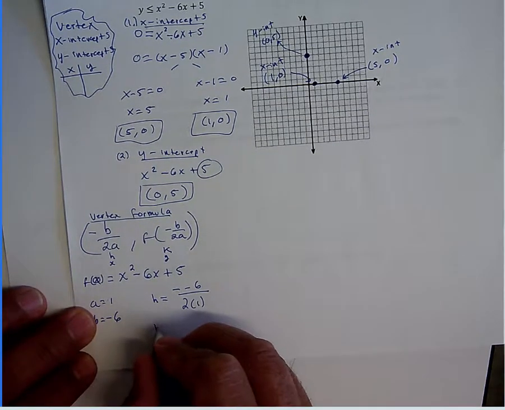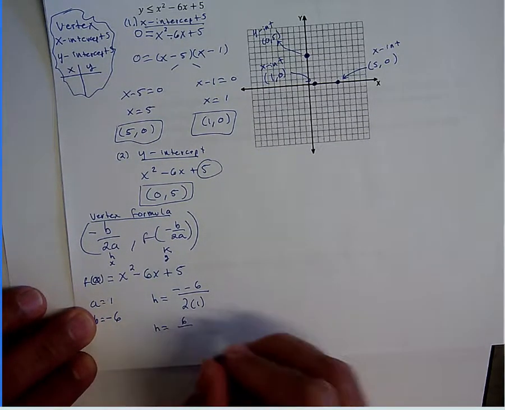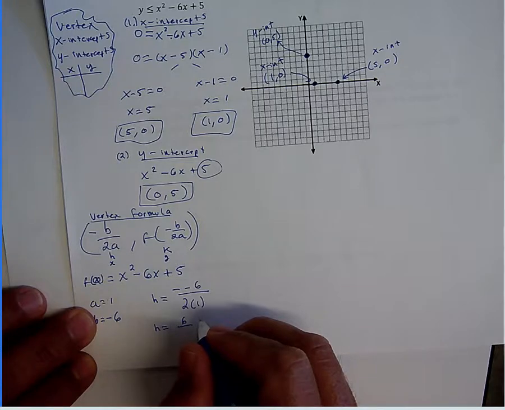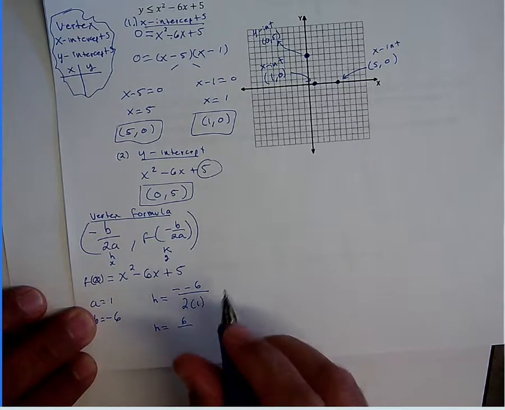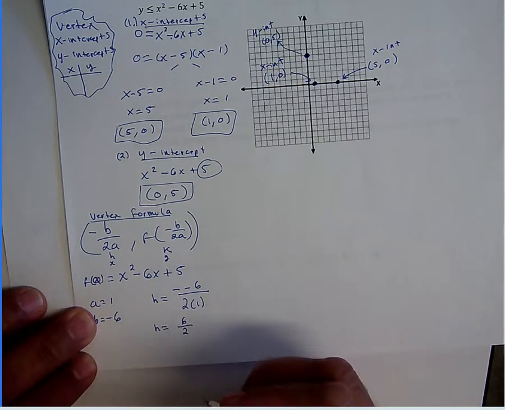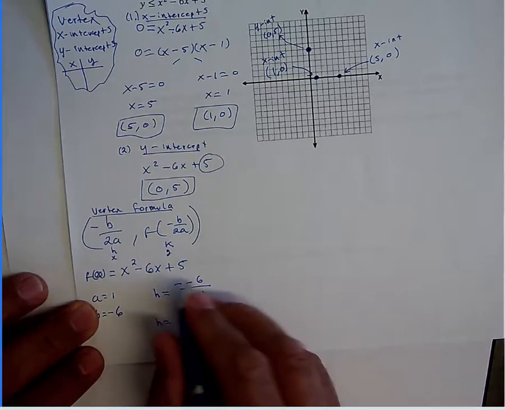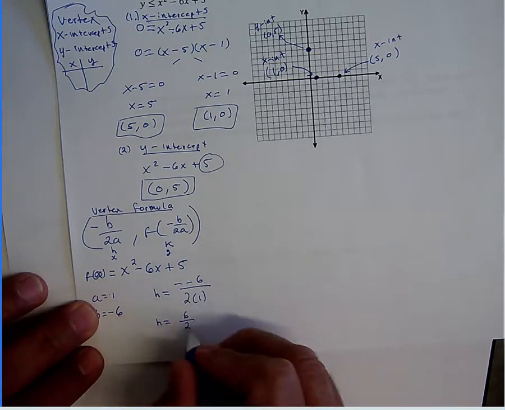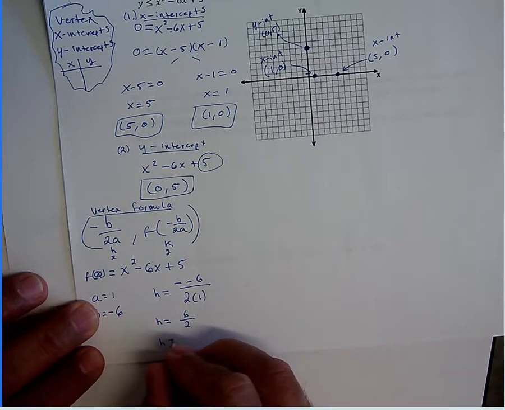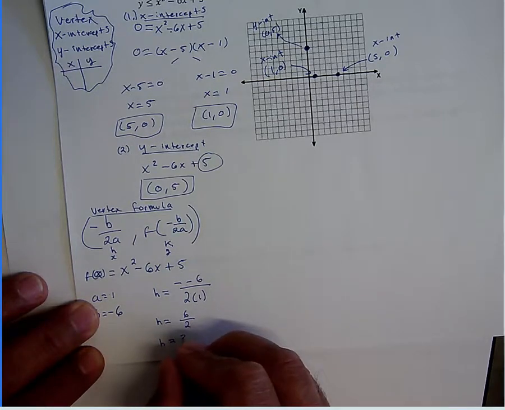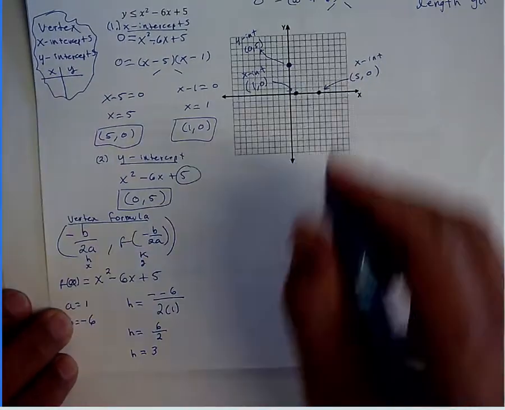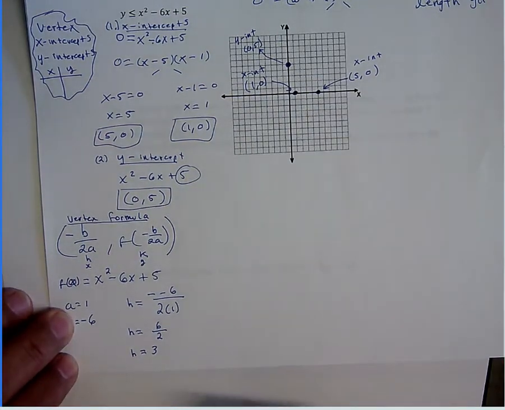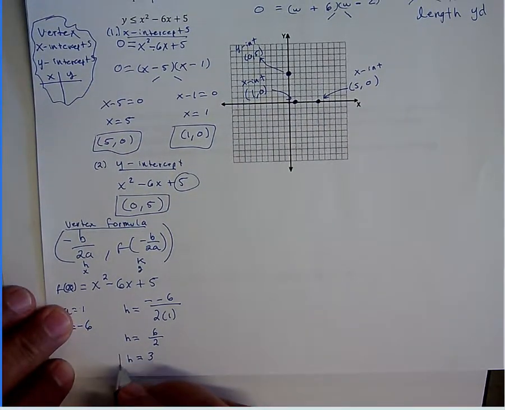So you would get positive 6 over 2. So positive 6, right? 2 double negatives, and then 2 times 1 is 2. So the h would be 3. So 1, 2, 3. Yeah, it makes sense. So that would be the h of the vertex.